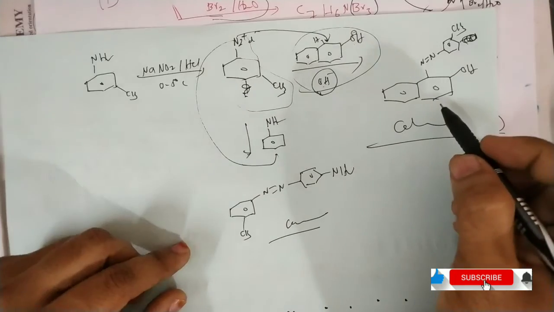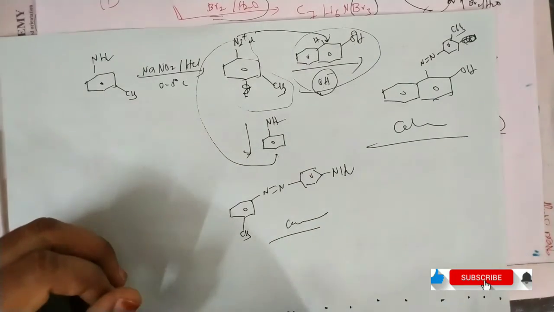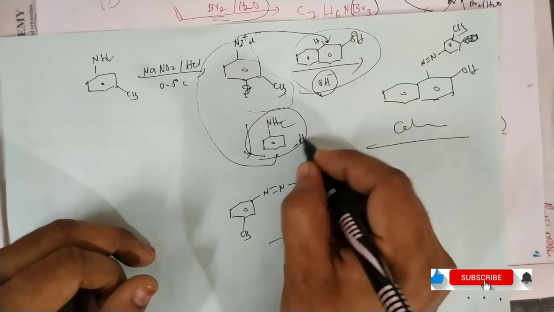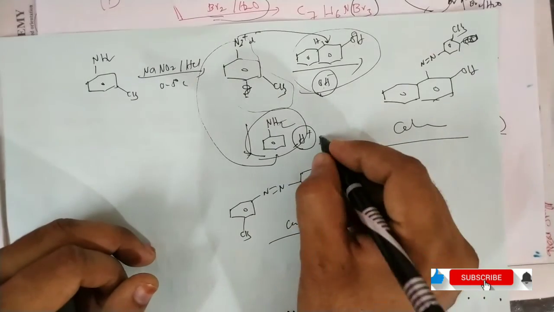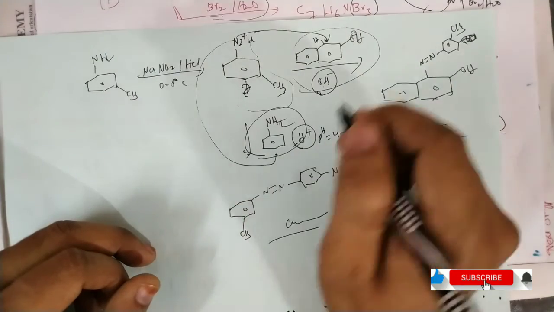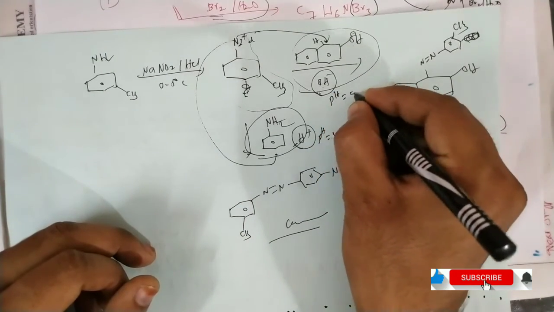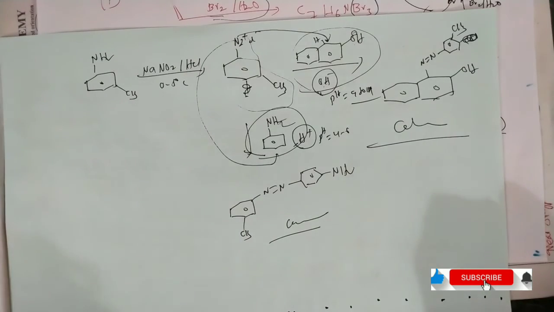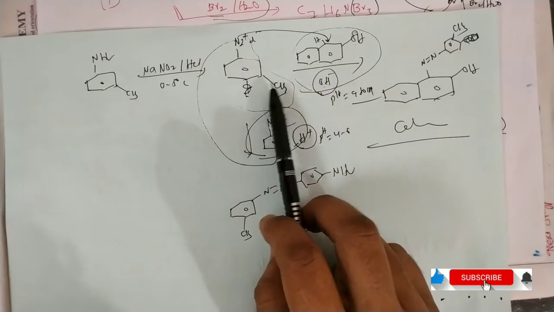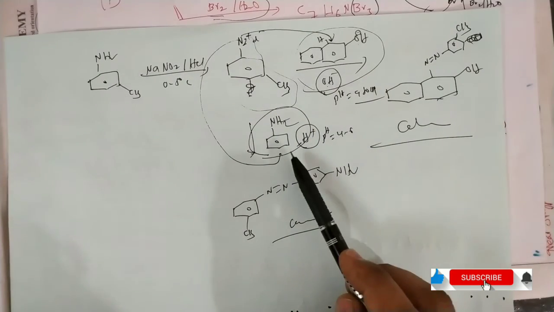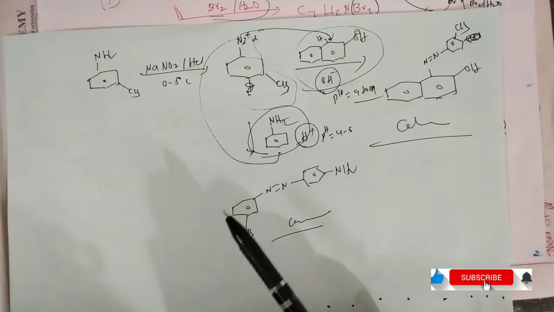The coupling of aniline takes place in slightly acidic medium, that means you have to maintain pH 4 to 6. In the weakly basic medium for phenols, you should maintain pH between 9 to 10, at most 9 to 11. So the coupling of diazonium salts takes place in basic medium for phenolic compounds, and in acidic medium for the amine compounds.